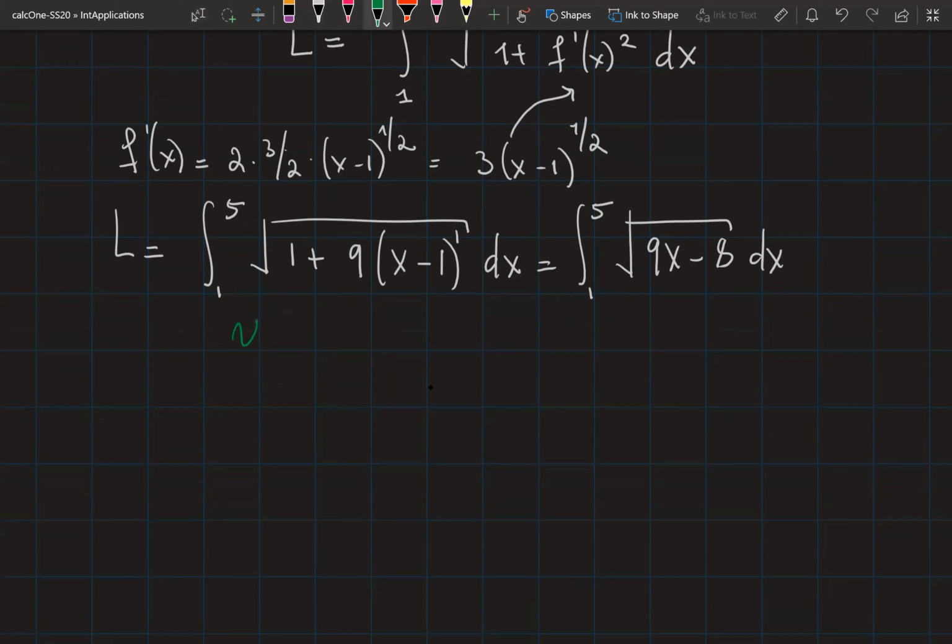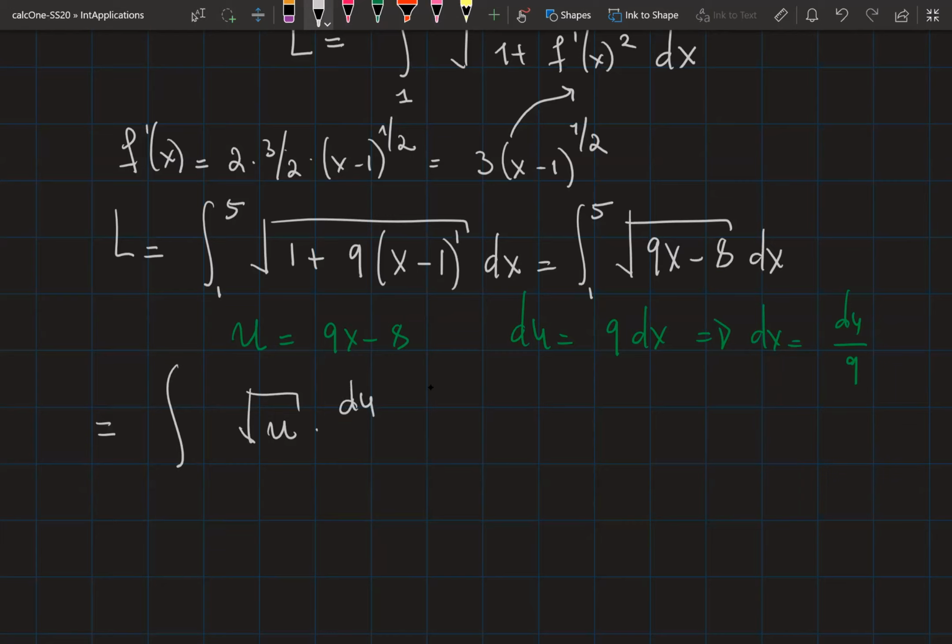In this case, u is going to be equal to 9x minus 8, and du is going to be equal to 9 dx, right? That is why dx is going to be du over 9. We just plug everything into the integration, and we are going to obtain the integration of the square root of u times du over 9.